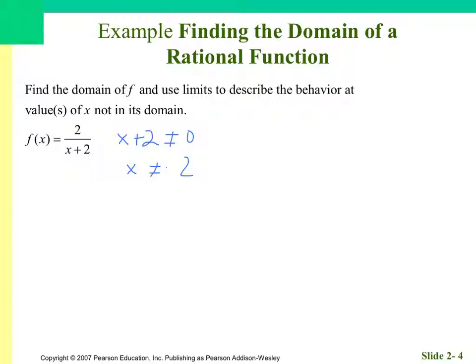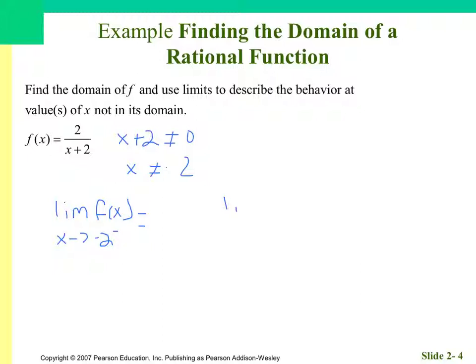So, remember how for end behavior we said as x goes to positive infinity, as x goes to negative infinity, we want to see what it is doing when we approach this. So you say the limit of f of x as x approaches negative 2 from the left, what's going on?